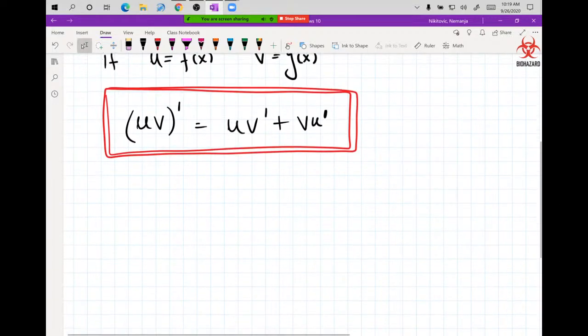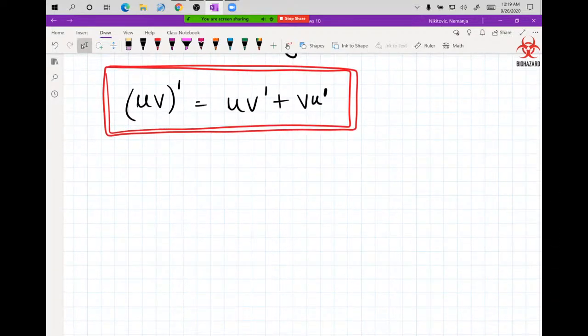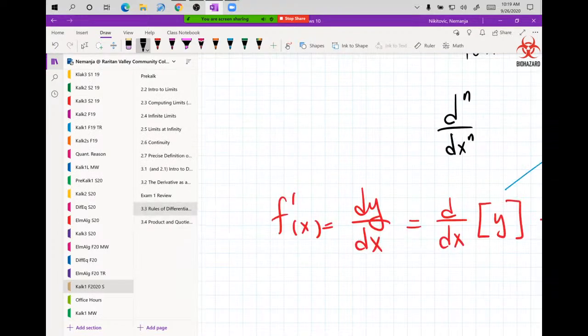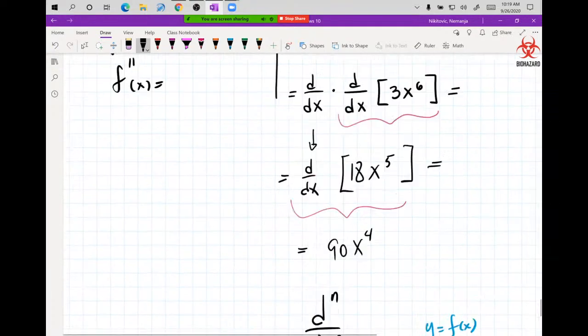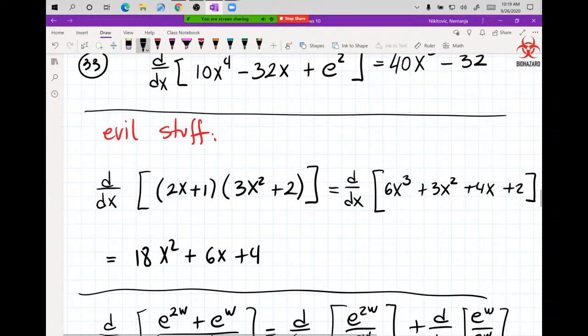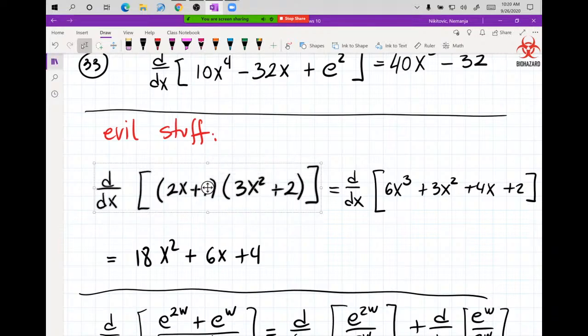Now, what is the way we use this formula? Well, remember that problem where you told me to FOIL, which was great. I'm going to actually find that problem and start with that as an example. The evil stuff, right? So let's start with this problem and just use the formula.